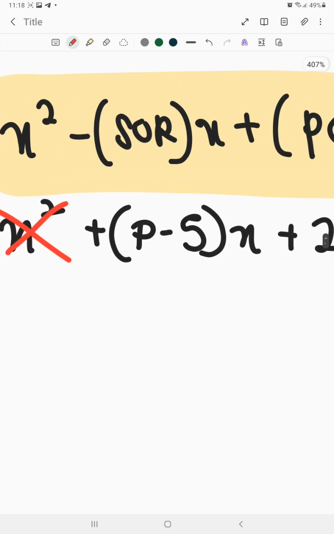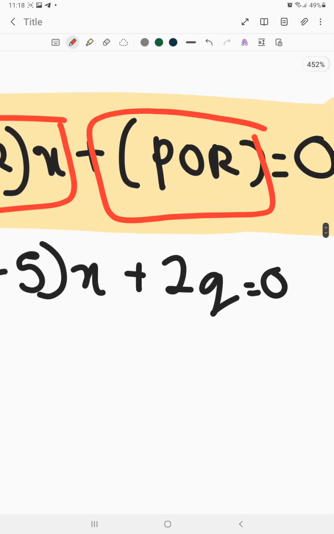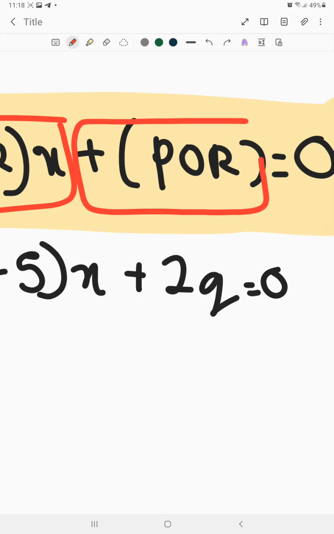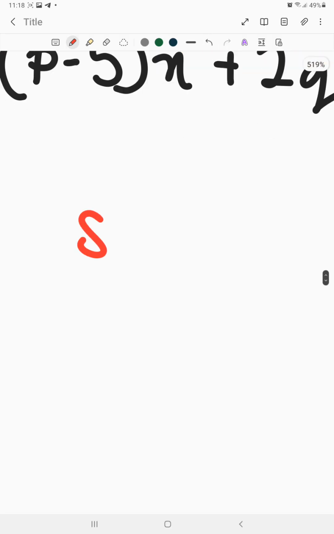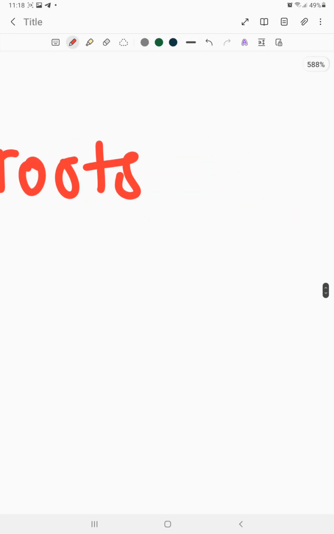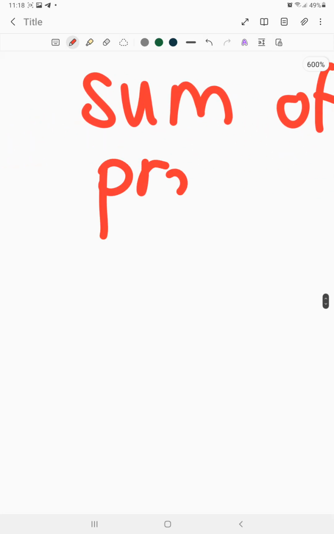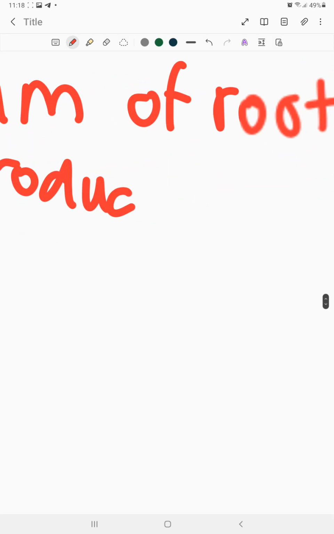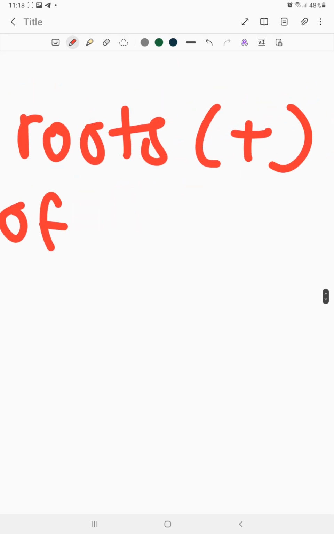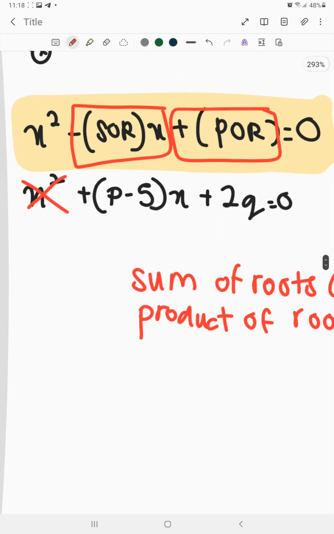We only going to use the SOR and the POR here, which is the sum of roots, which is plus, and the product of roots. Roots means x.